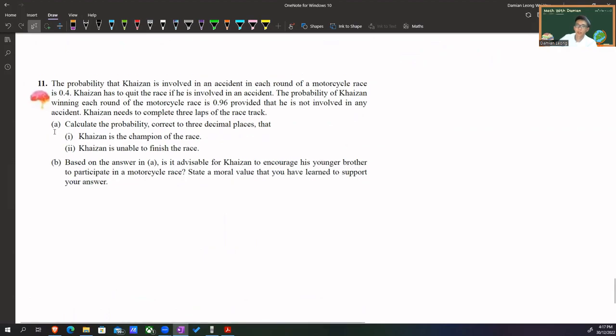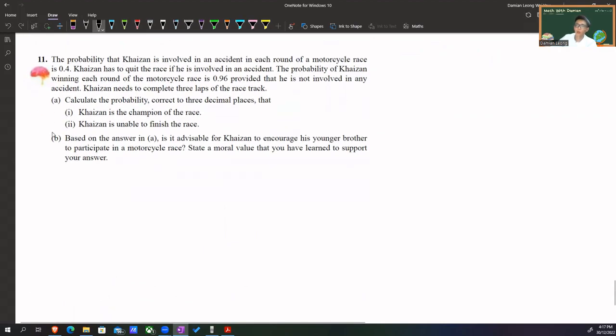Probability that Kaizan is involved in an accident in each round of a motorcycle race is 0.4. Kaizan has to quit the race if he is involved in an accident. Probability of Kaizan winning each round of the motorcycle race is 0.96, provided that he is not involved in any accidents.